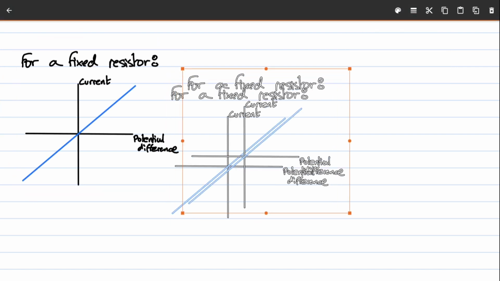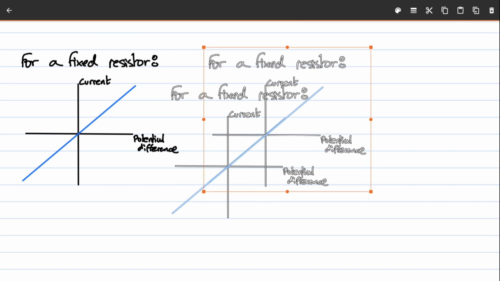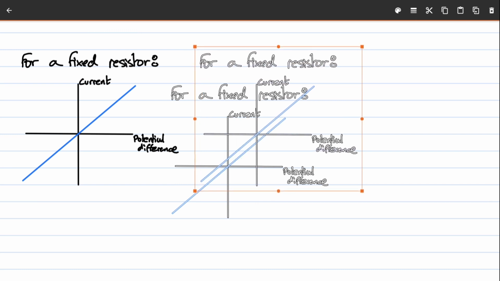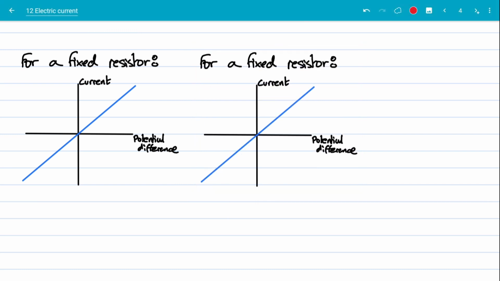So if I pop this next to us like this, right in the middle, let's say this is for a lamp, but not just any lamp, we're going to use a filament lamp. So this is a tungsten filament, a tungsten wire.